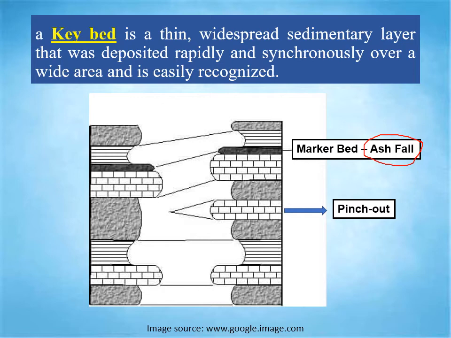So whenever we get a volcanic ash deposit in all the places of earth, that indicates an abnormal volcanic eruption. That means the volcanic eruption is so high that it supplies a lot of volcanic ash into the atmosphere, and at suitable conditions that volcanic ash is deposited in all the places of earth.